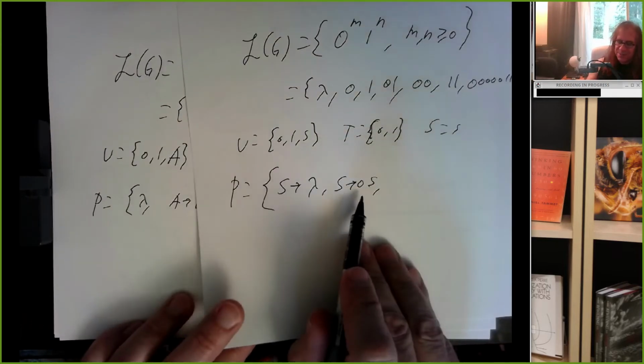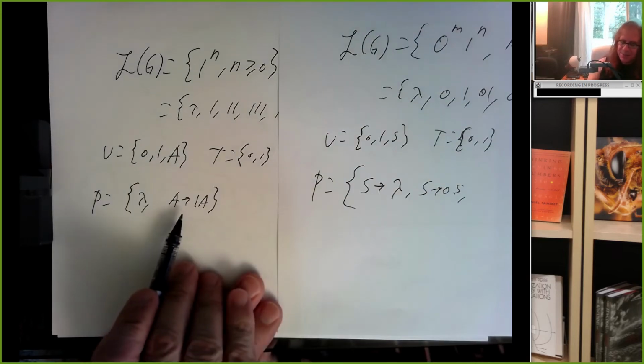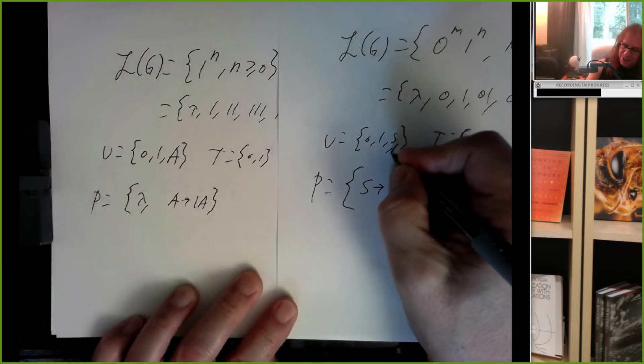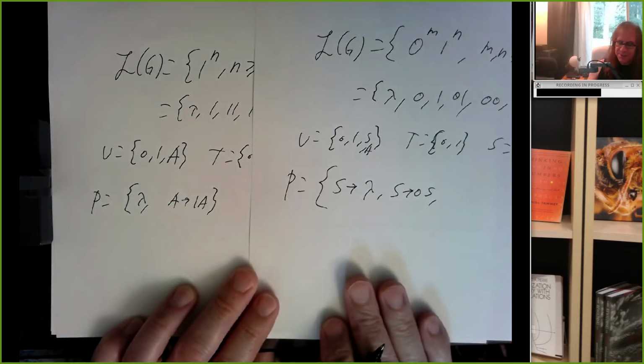So we've got this that captures a bunch of zeros, we've got this that would capture a bunch of ones, so let me go ahead and throw an A into our vocabulary up here.